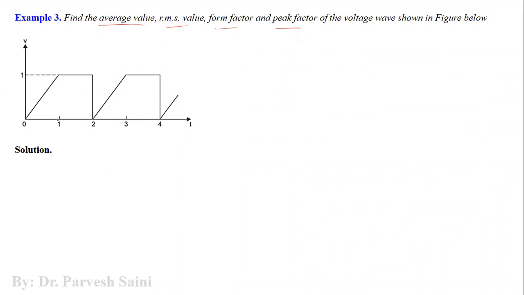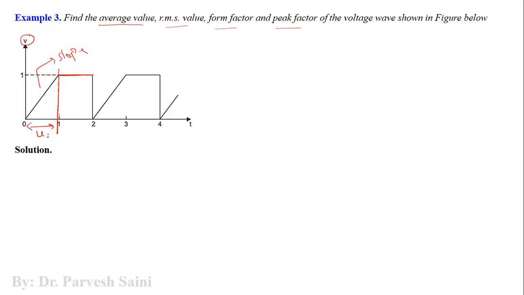In this, if you see, this particular signal is a voltage and its graph is shown here. From 0 to 1, it is increasing, so it has a slope here, right? And from 1 to 2, it is flat, right? So this whole part is divided into two here.